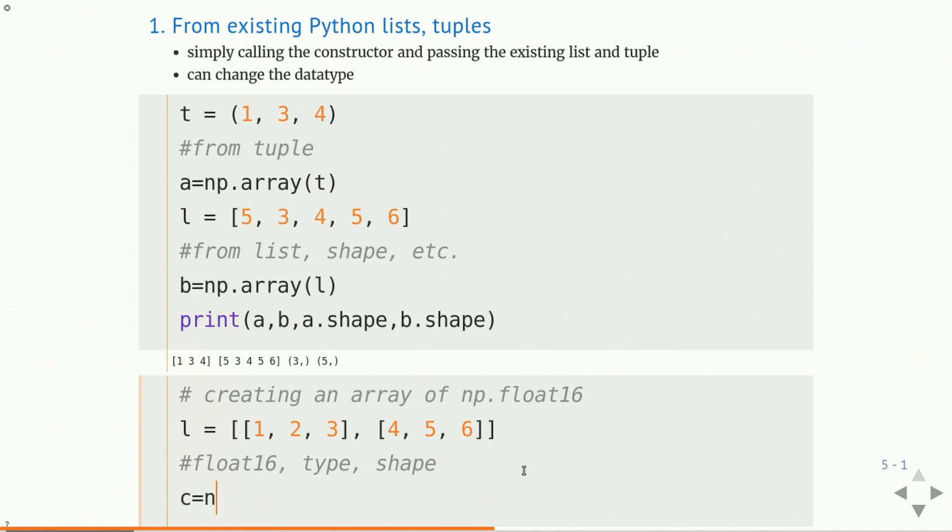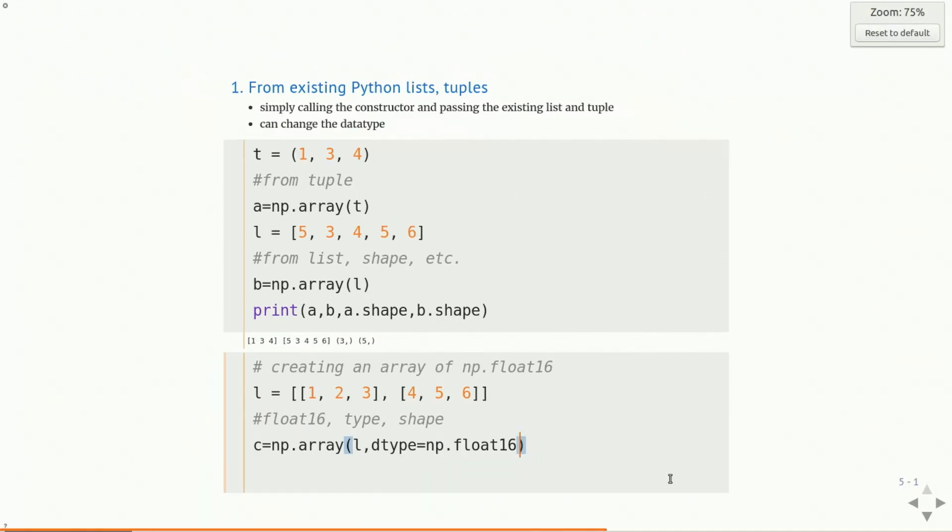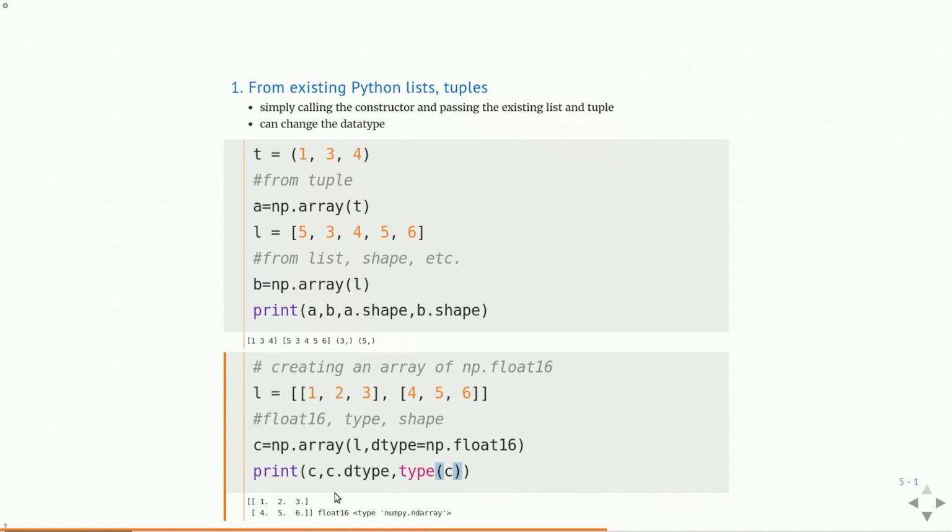So c is equal to np.array of the list, with dtype equal to np.float16. Running it, there's no output. So here it is. As can be seen, it's a NumPy array of float16 data type.